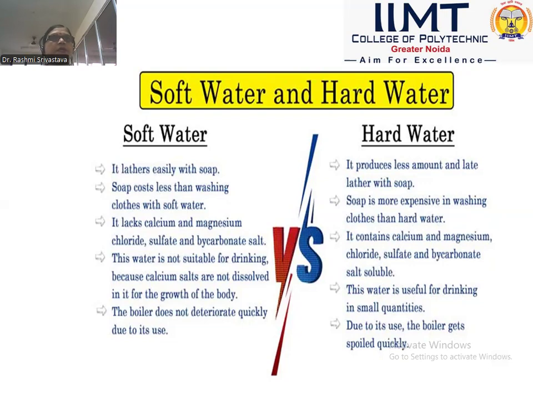Soft water is easier to use. Washing clothes with soft water costs less because less soap will be consumed for the washing purpose. It lacks calcium and magnesium chlorides, sulfates, bicarbonates, salts.